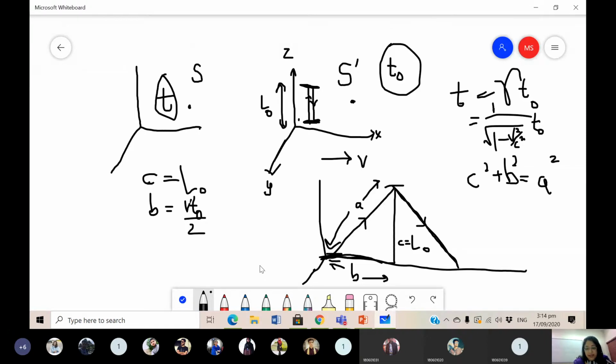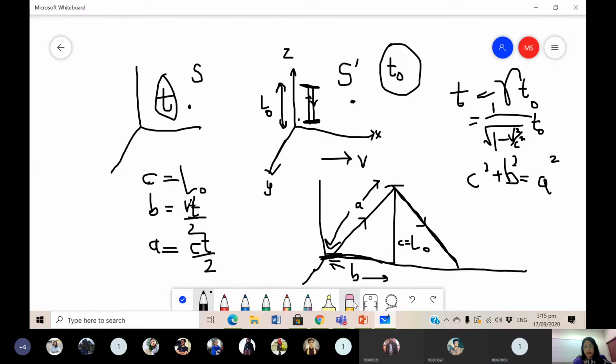So that's why B is going to be equal to not T naught, but T. They're two different things. VT over 2. Do you understand why I'm saying this? And what will A be equal to? A will be equal to CT divided by 2. I hope this is making sense so far. Any questions? Yes, ma'am. Yes, sir.